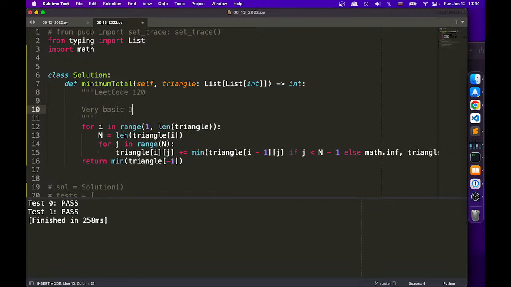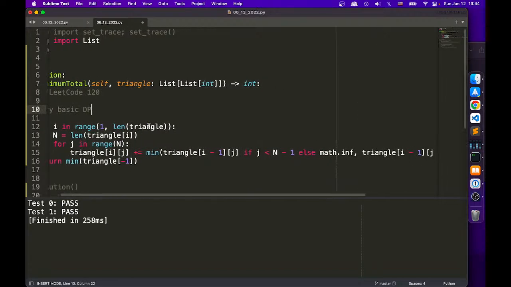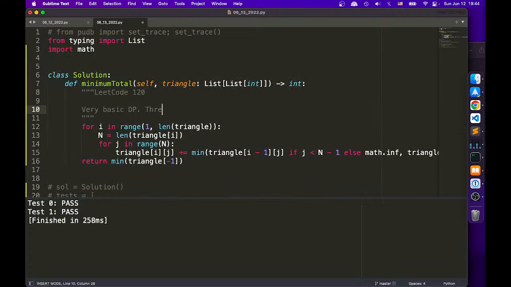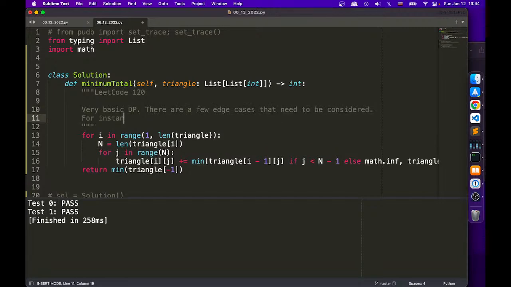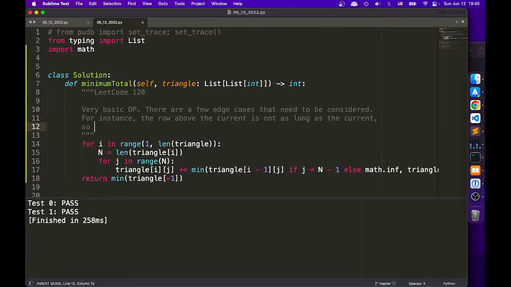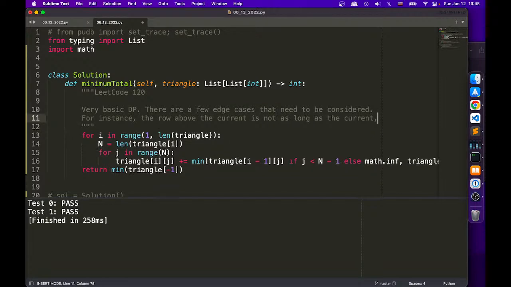Very basic DP. There are a few edge cases that need to be considered. For instance, the row above the current is not as long as the current, so we cannot use the same.